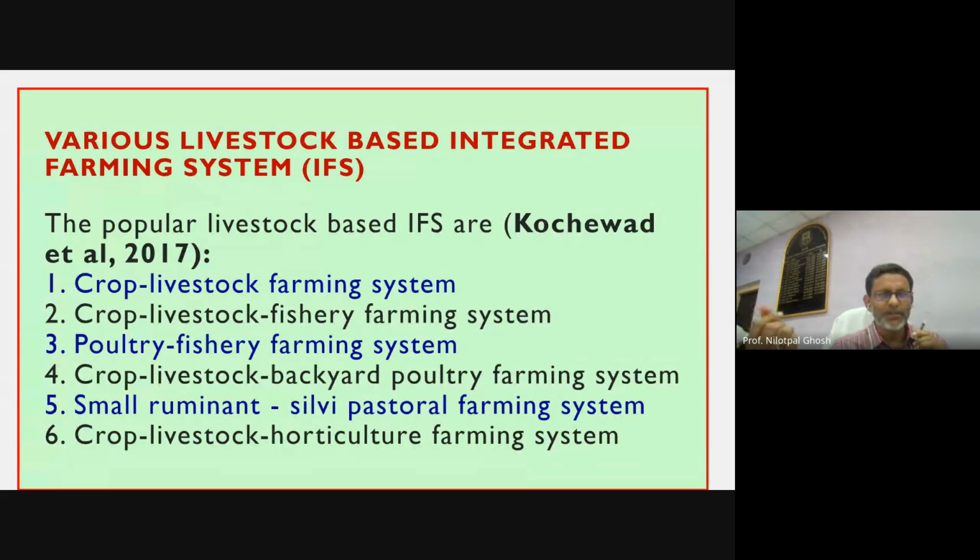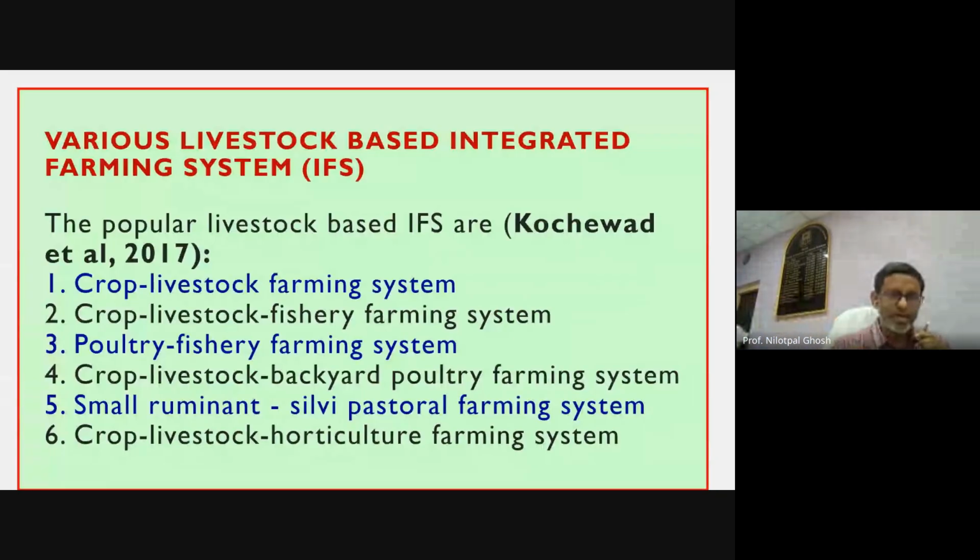Now, poultry fishery farming system is very popular nowadays. Fishery is there, and above the pond there is poultry, sometimes piggery, pig fish integration, poultry fish integration, crop livestock backyard poultry farming system, backyard instead of commercial high-end poultry farming. The backyard poultry farming may also be integrated.